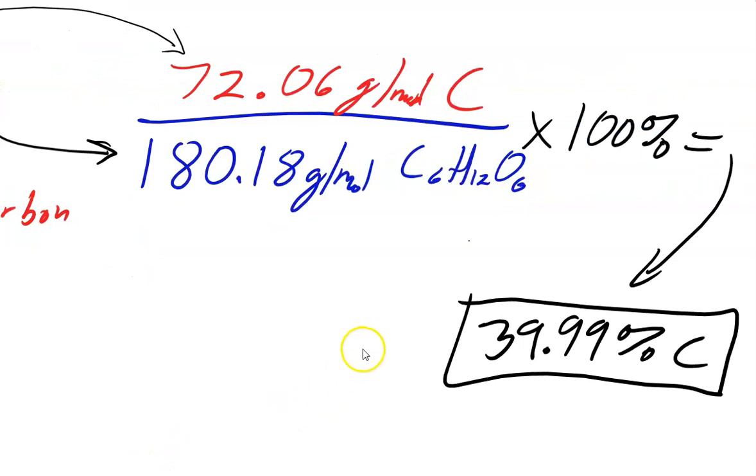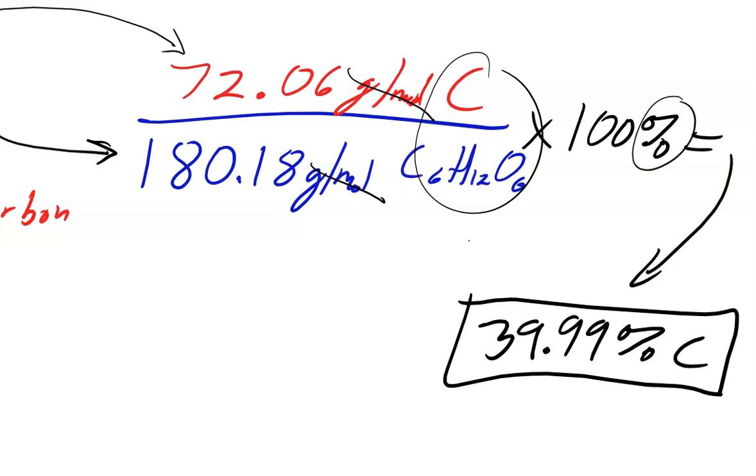When you multiply this fraction times 100%, you get 39.99% carbon. The grams per mole will cancel, and you get a ratio of carbon to glucose, and then the units fall in of percent.